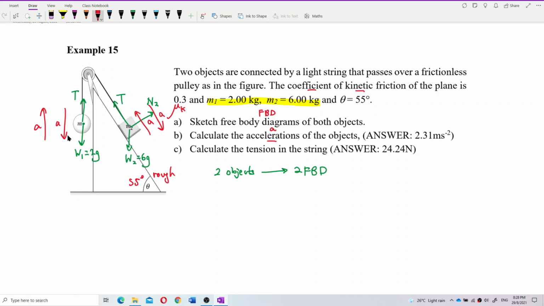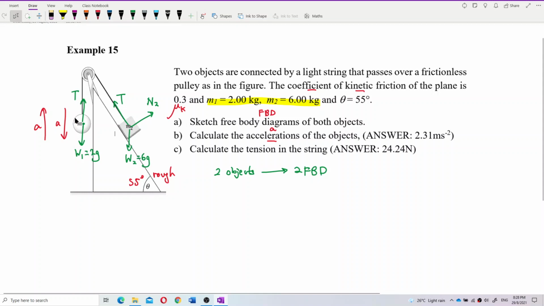If the acceleration is going up, friction should go down. But if the acceleration goes down, friction should go up. So not knowing the direction of friction is also a problem. What is the first step we do? We don't know the acceleration direction, so we cannot draw the friction.